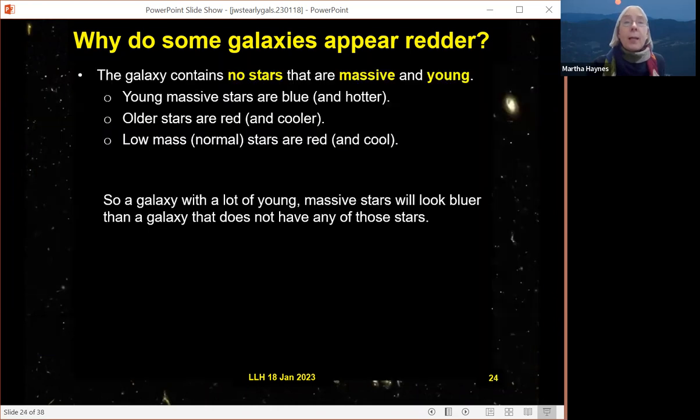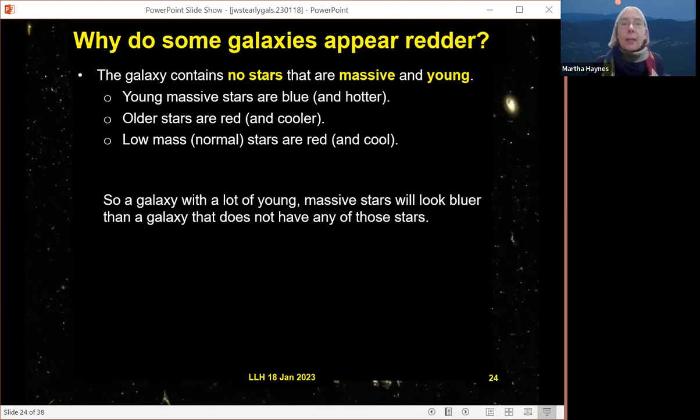So we understand that. Again, what you're seeing in a visible light image is the starlight. If a galaxy contains no stars that are massive and young, then the galaxy will appear red. That's because young massive stars are blue and hotter, older stars are red and cooler, and low mass stars of any age are always red and cool.